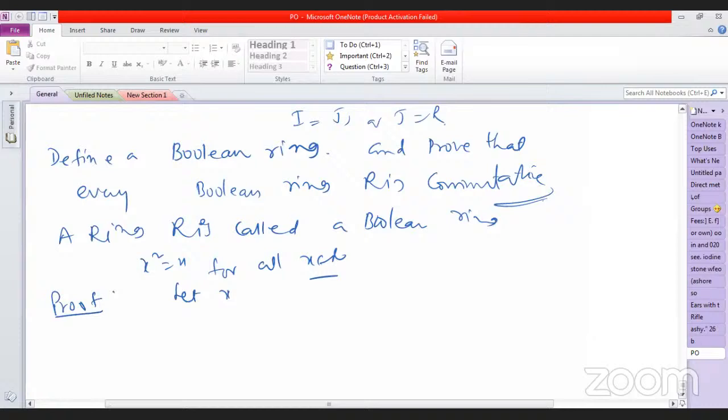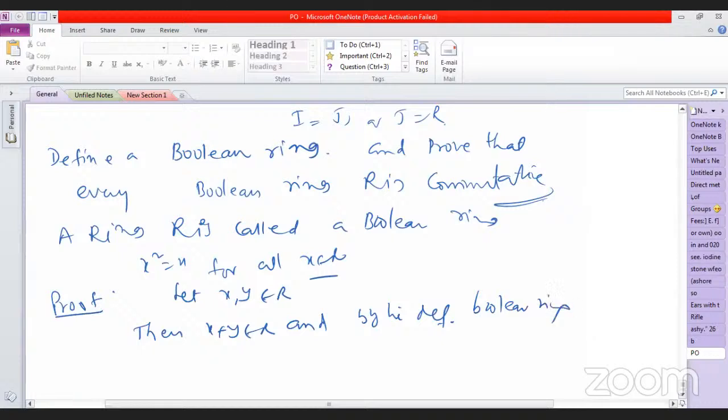Let x, y belong to R. Then x plus y belongs to R. By the definition of Boolean ring, (x plus y) whole square is equal to x plus y.